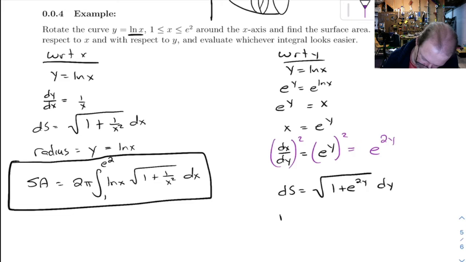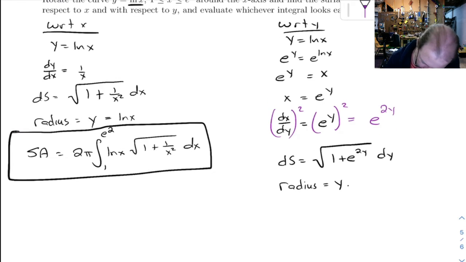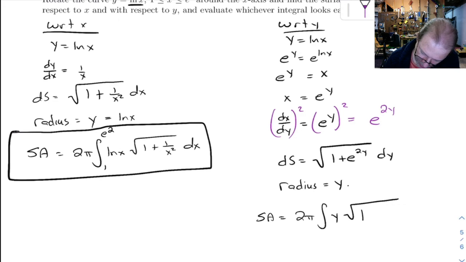My radius, as before, is y. And in this case, we don't have to replace that with anything. The radius is just y. So the surface area is 2 pi integral y times square root of 1 plus e to the 2y dy.